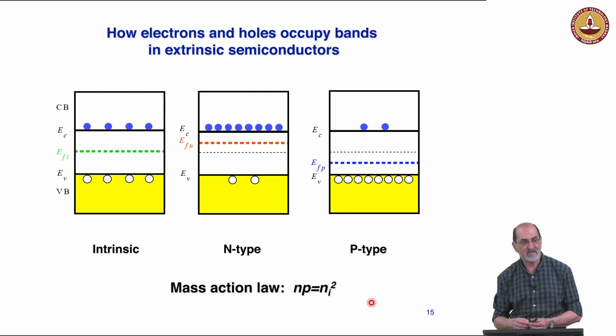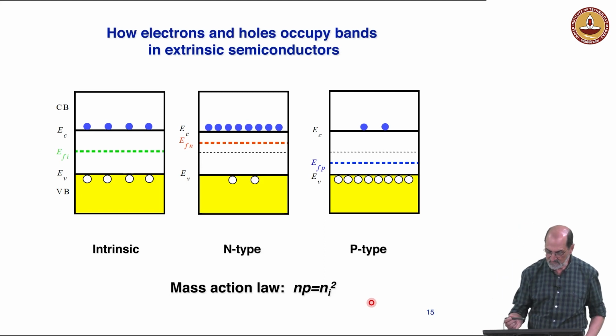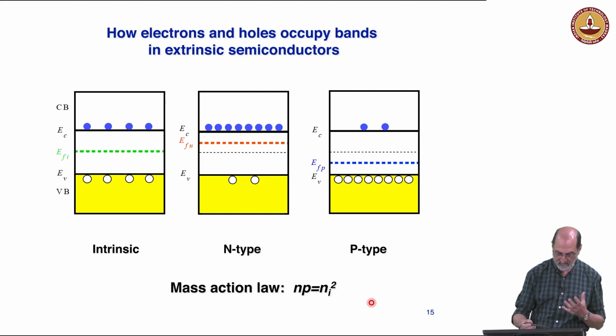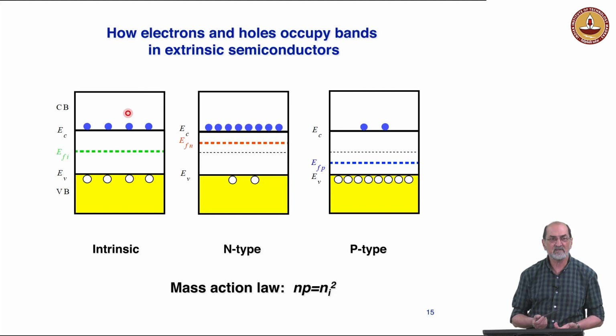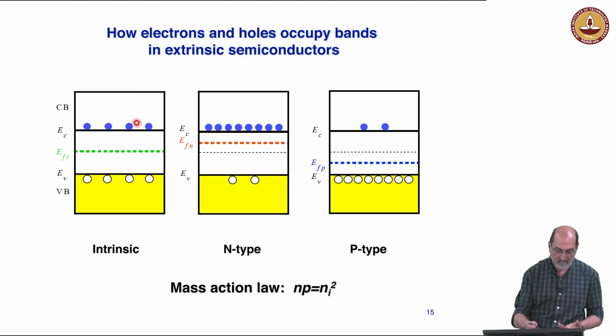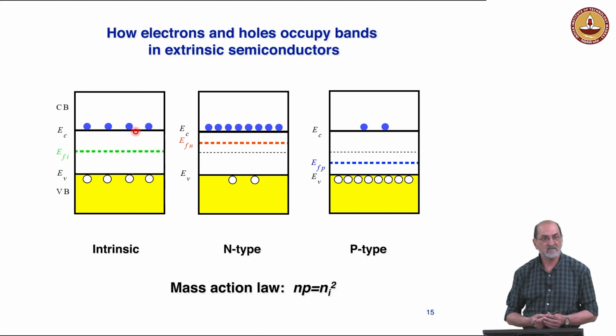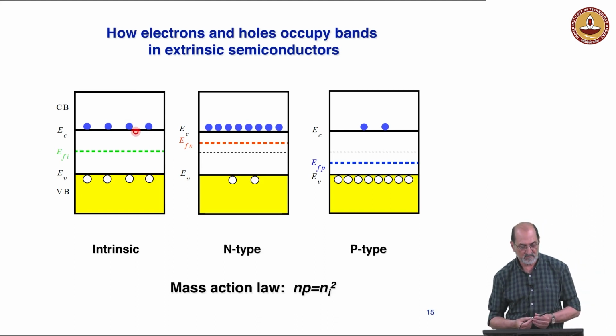Well, here is the same. That is the reason: the phenomenon that an electron goes from the valence band to the conduction band, generating a hole and an electron, is some kind of reaction where you need an activation energy, which is the gap. An electron has to jump from here to there, as in a chemical reaction.